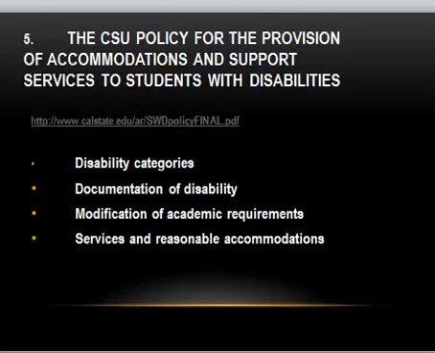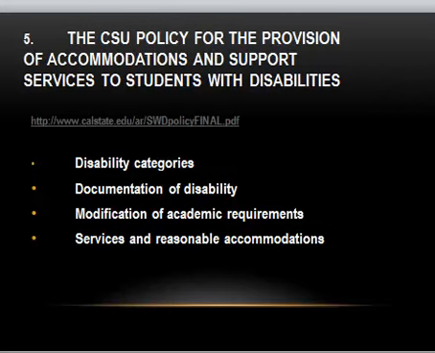Next slide, number 5. The CSU policy for the provision of accommodations and support services to students with disabilities, with a hyperlink to the website www.calstate.edu/AR/SWD policy final PDF.